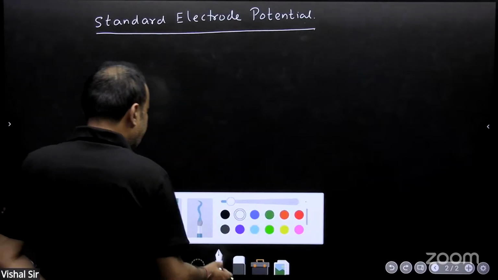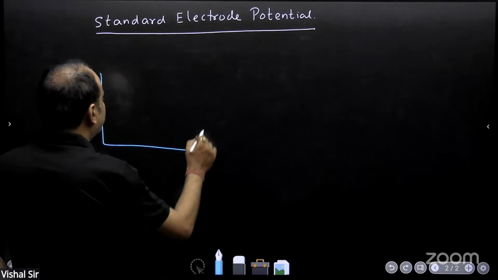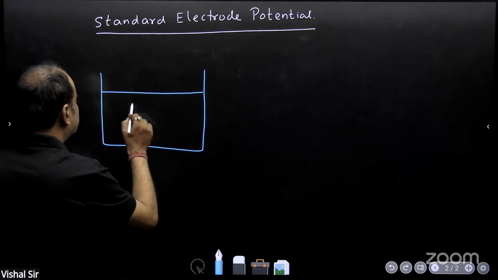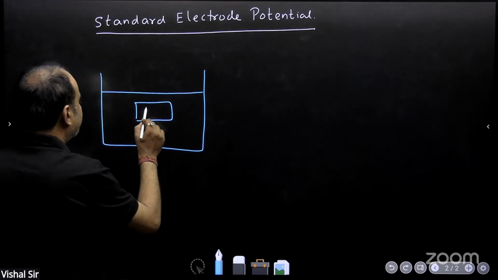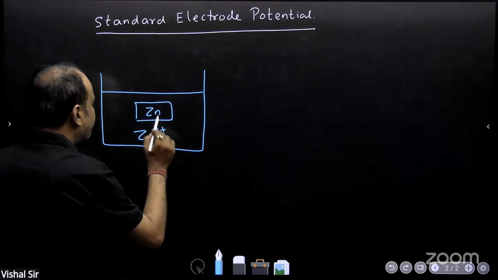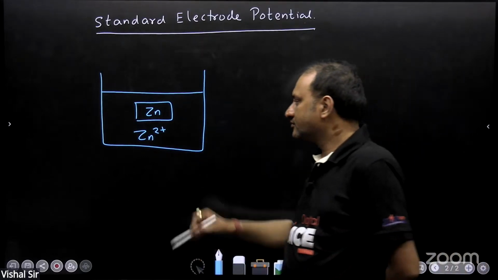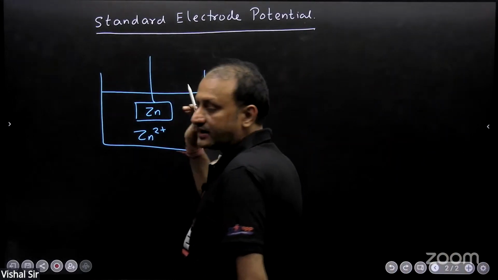Let me take a very simple example of a half cell. Let's take this half cell. We have taken a zinc plate and we have dipped it in a solution of Zn2+ ion. Now this is a typical half cell.